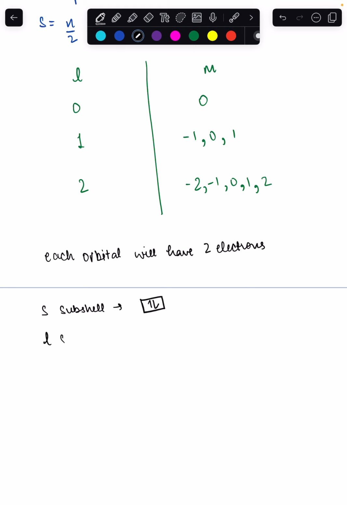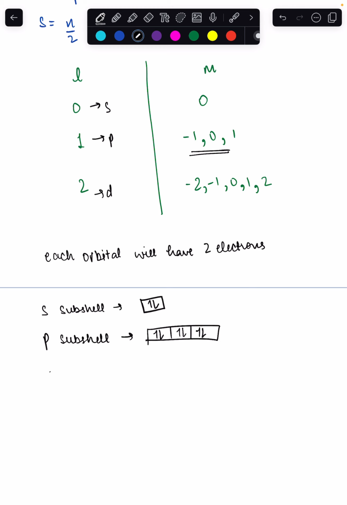For the p subshell, it will have 3 orbitals, as we can see from here. So it can have at max 1, 2, 3, 4, 5, 6 electrons.